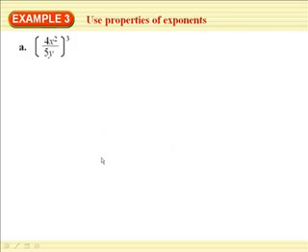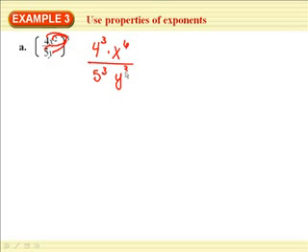Let's see here. Just like we did before when we were multiplying, everything in here is going to go to the third power. Everything. This is going to go to the third power. This is to the third power. So you're going to have 4 to the third power times x to the 6th, because there's already a 2 there, over 5 to the third, y to the third.